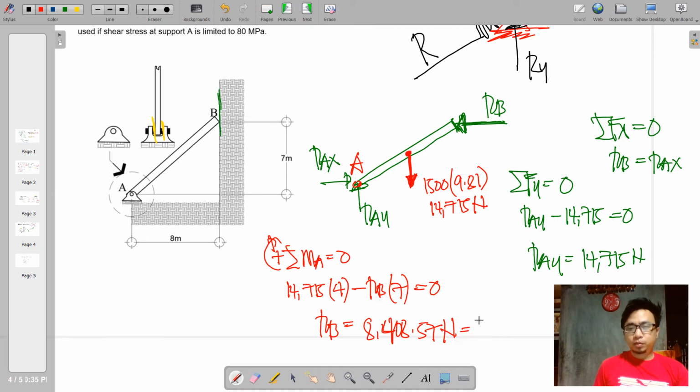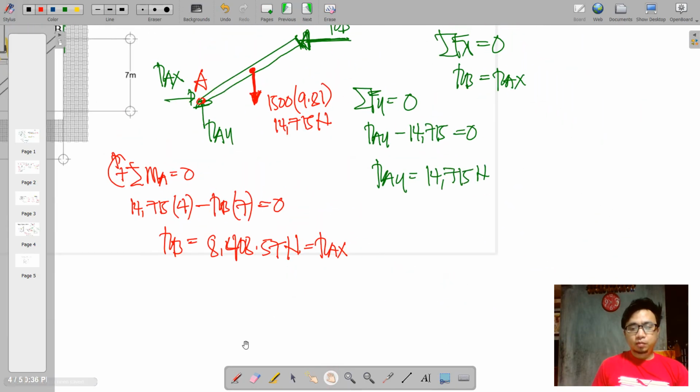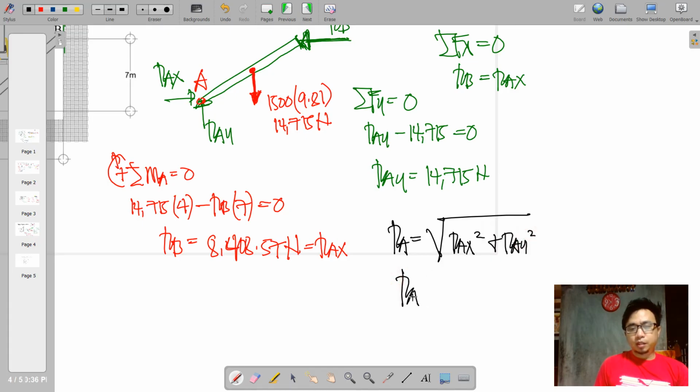Now, this is also equal to RAX. So, having both components, we can now get the resultant force of those components. Say RA is equal to the square root of RAX squared plus RAY squared. RA is equal to square root of, what is RAX? 8,408.57.